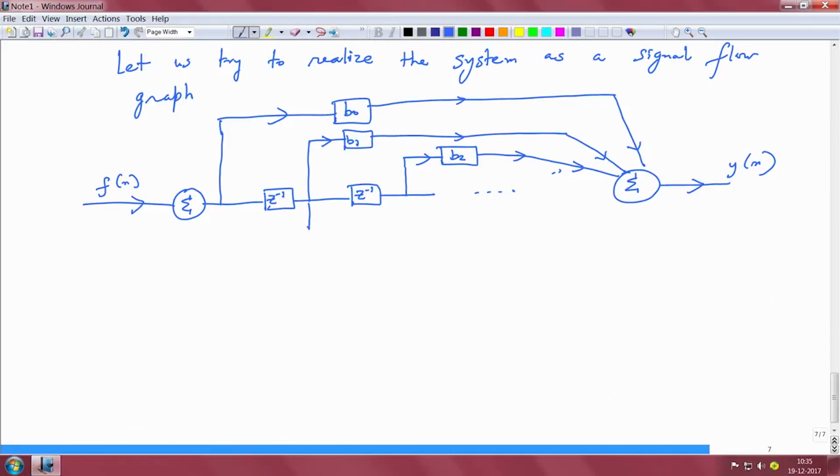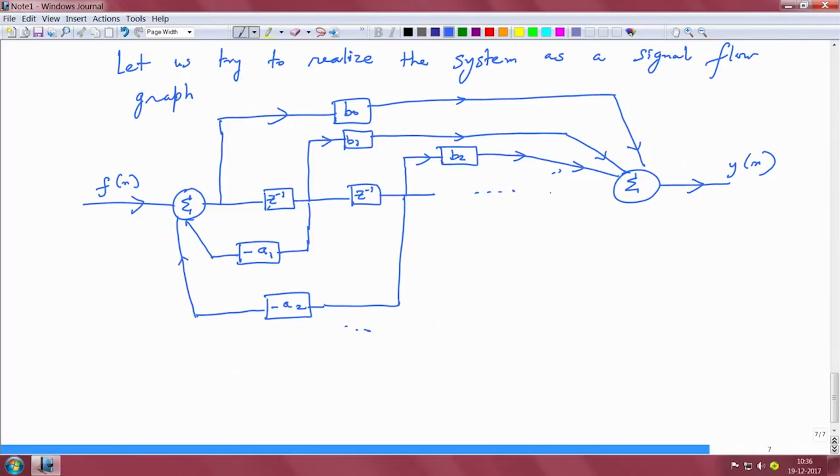From this delay there is a feedback path. We have minus a1 as a gain, it just goes back into the feedback path, and then at this point we have minus a2 as a gain, and that gets to the feedback path, and so on and so forth.